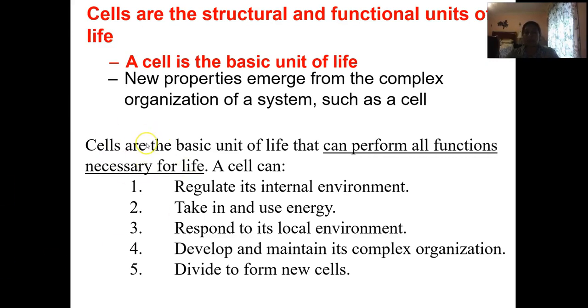So all cells as basic units of life are able to perform all the functions necessary for life, including regulation of their internal environment, taking in and utilizing energy, responding to their immediate environment, maintaining and developing their organization, and being able to reproduce by dividing and forming new cells.